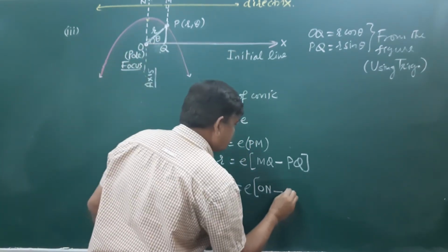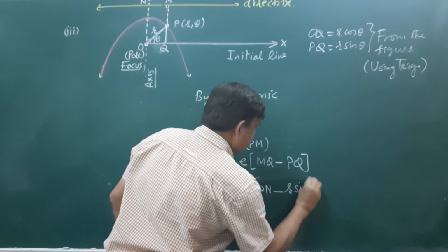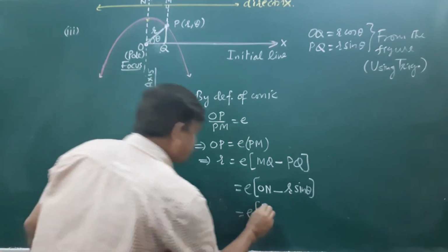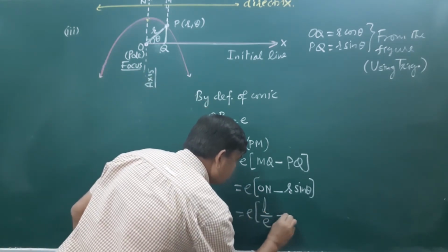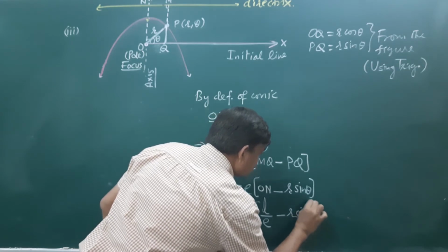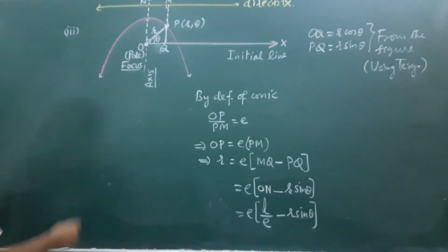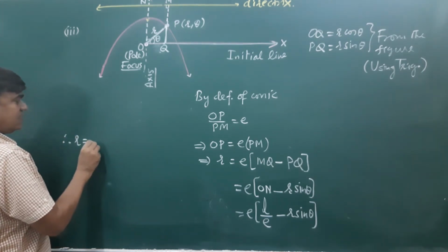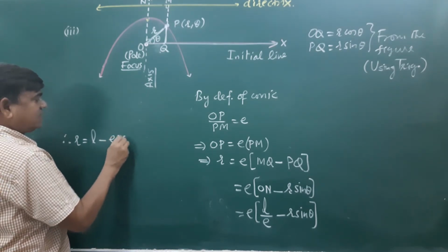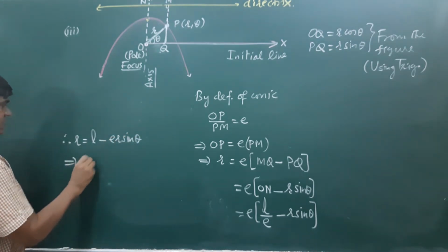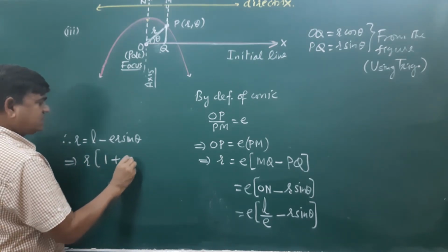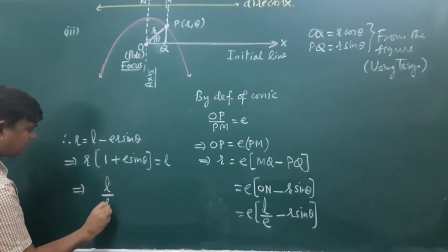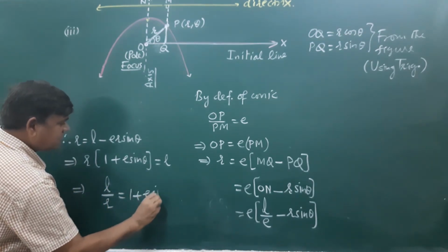So PQ is what is O and again this is L by E. Remember this. This implies therefore R equals to L minus ER sin theta. 1 plus E sin theta equals to L. This implies L upon R equals to 1 plus E sin theta.